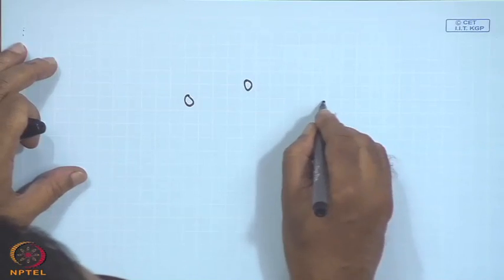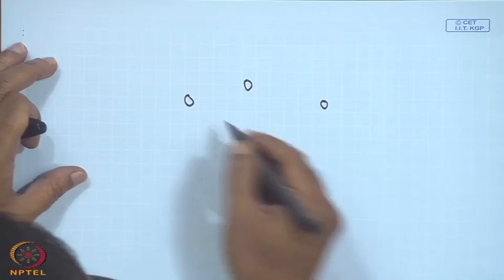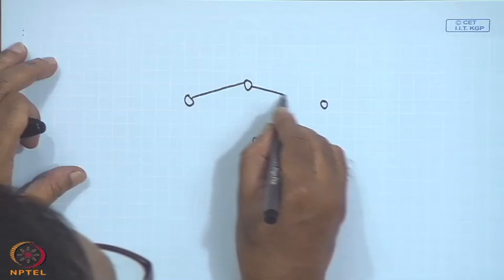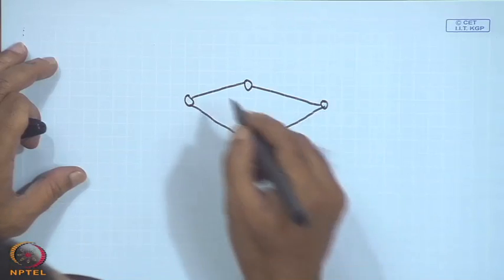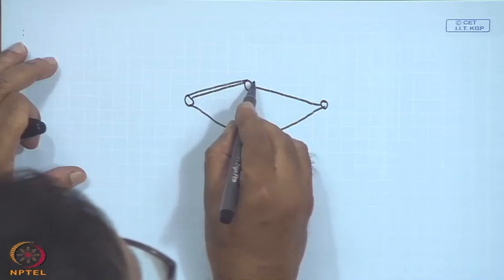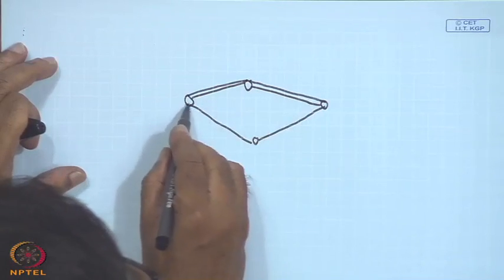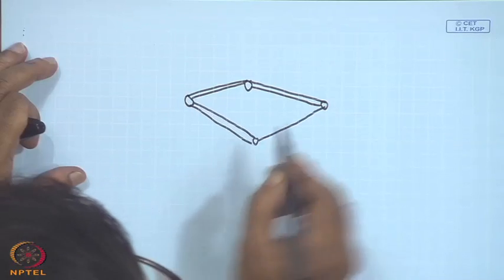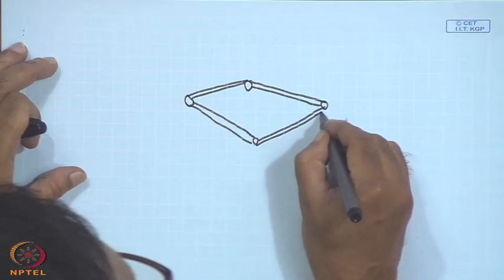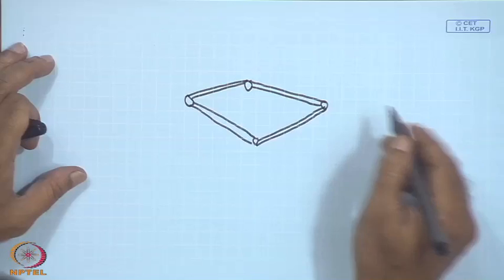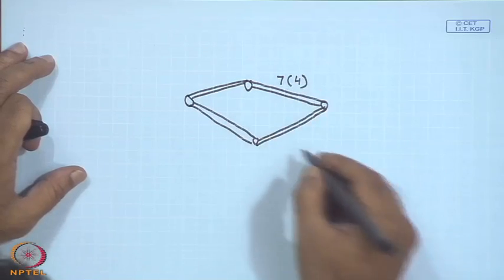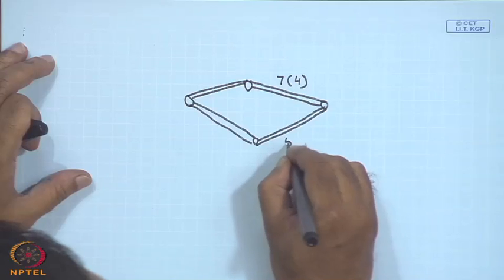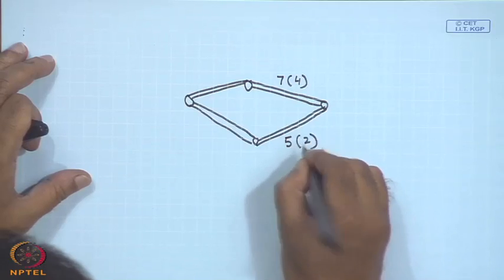Say you have a figure like this, and this is your critical path. If you see, by double line we join the critical path. Suppose this is the critical path, on both sides we are getting the critical path. It is 7, it is 4. Suppose it is 5, it is 2.